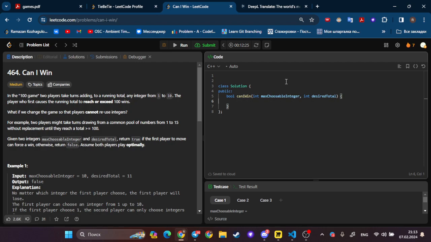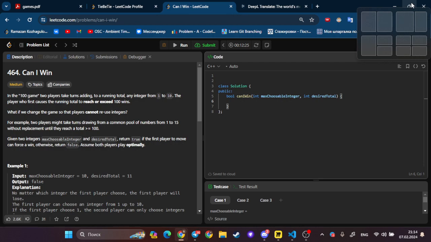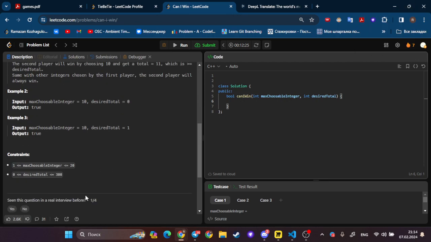This is, in many interviews, what you suggest. Yes, 2 to the power, exponential complexity. Yes, that's it. It's an exponential complexity.